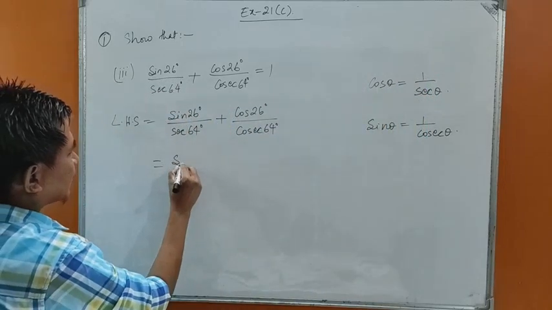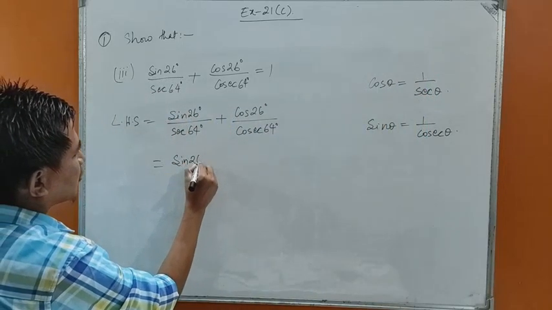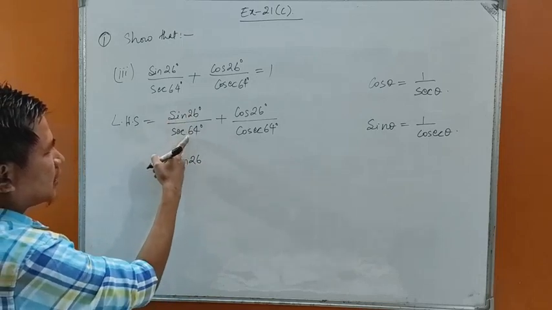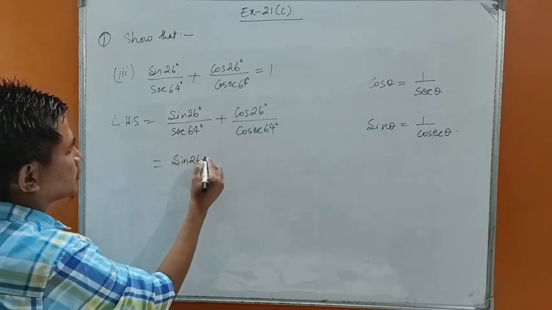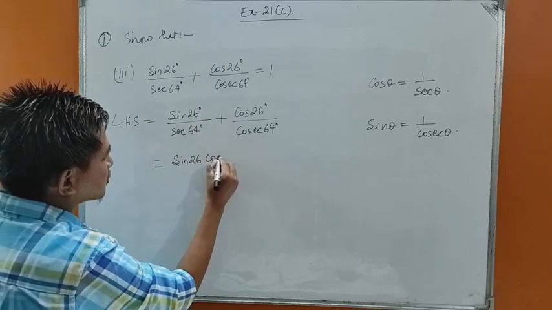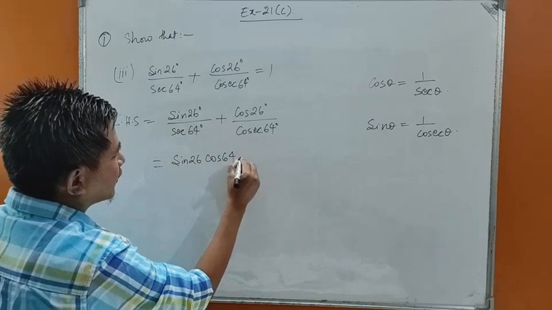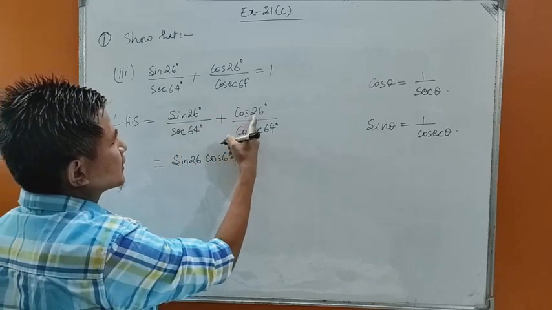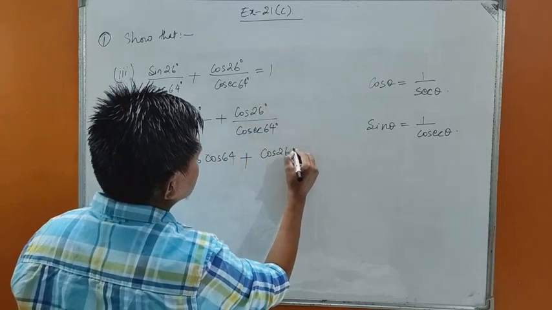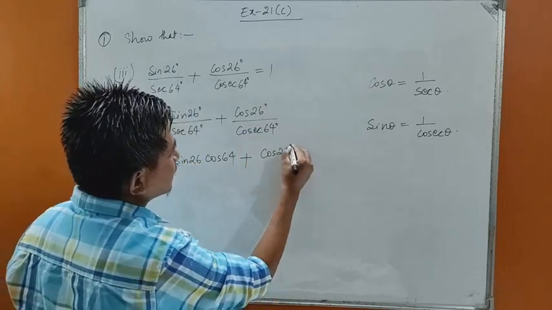Similarly, sin 26 is already in the numerator, we copy as it is, sin 26. Sec theta becomes cos theta, so theta is 64, so cos 64, plus cos 26 is already in the numerator, cos 26 degree.